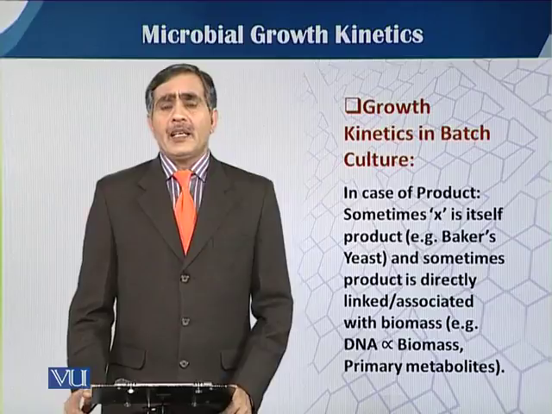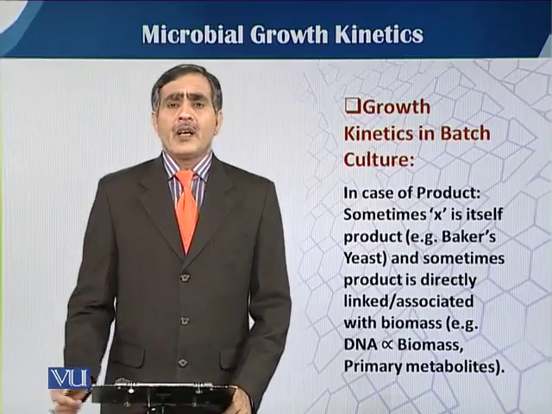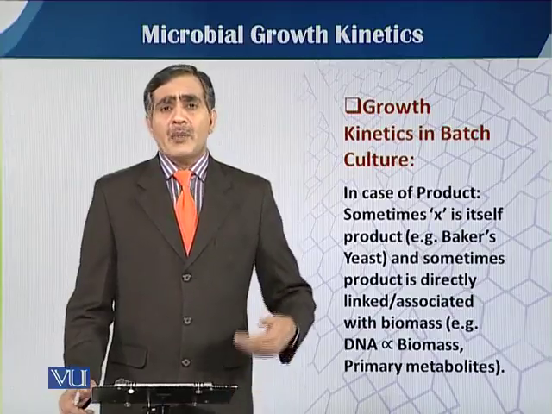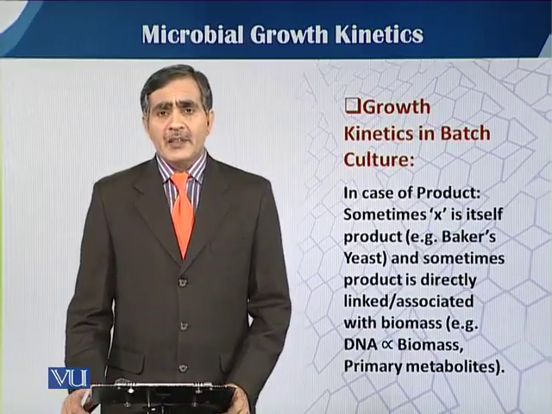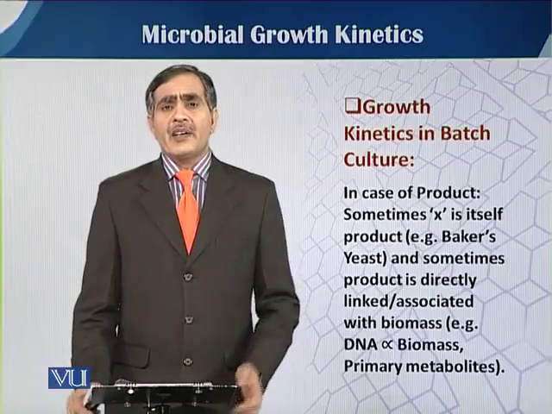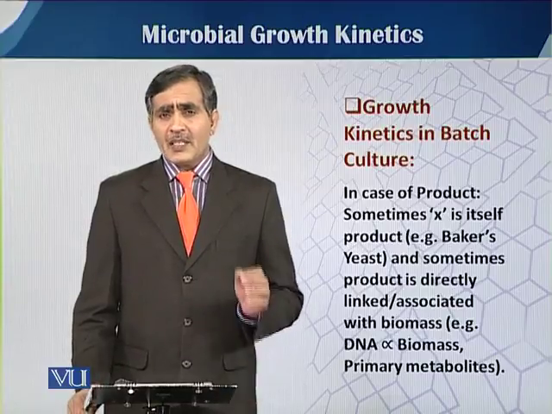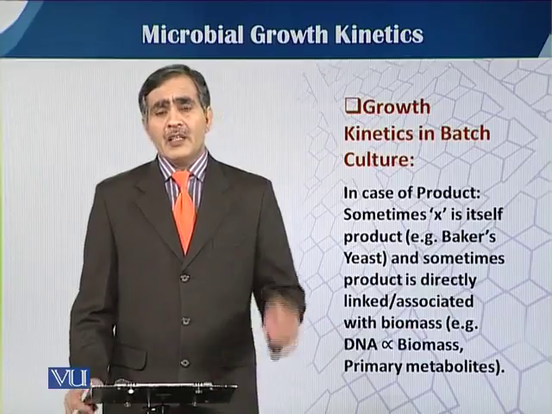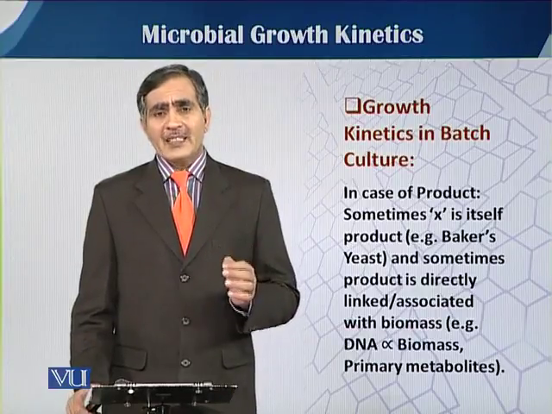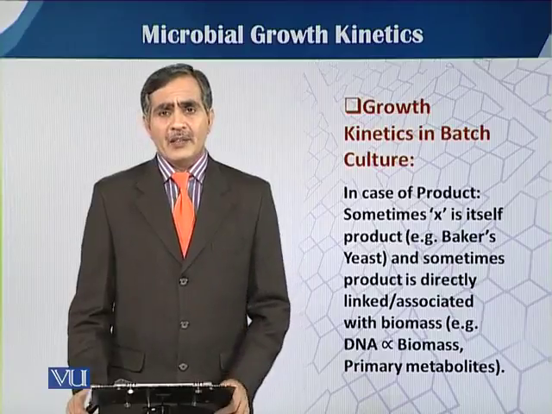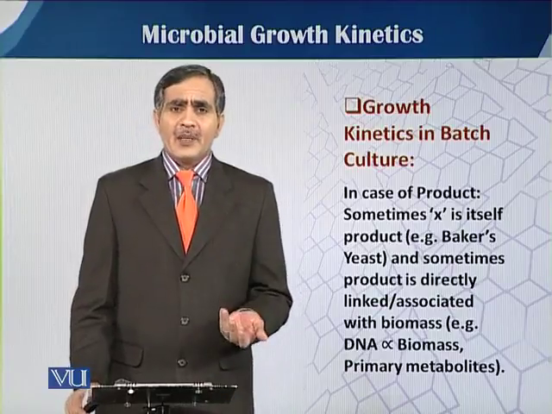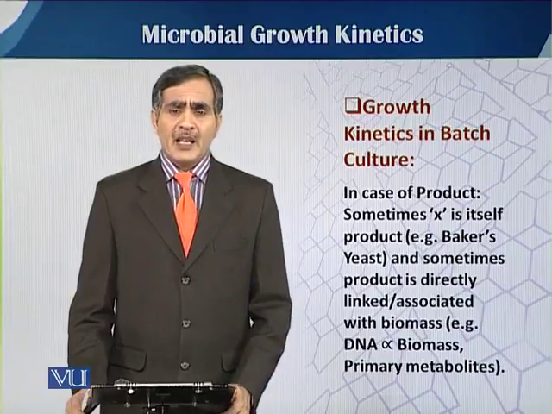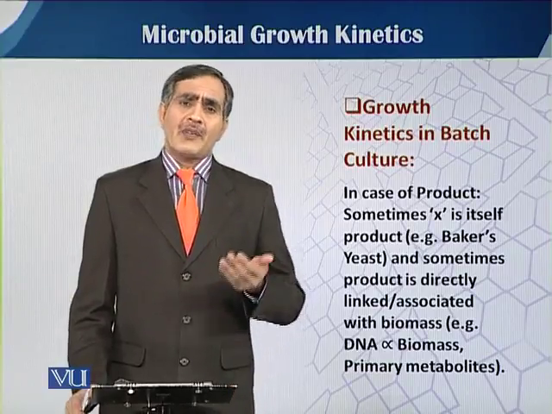Maybe you know that in the introduction to fermentation, when we talked about the different types of products, we talked about four different ranges of fermentation. The first range was biomass production, in which the biomass X is itself called the product. So sometimes X itself is a product, and sometimes some products are associated with the biomass. As the biomass increases, the product will also increase.